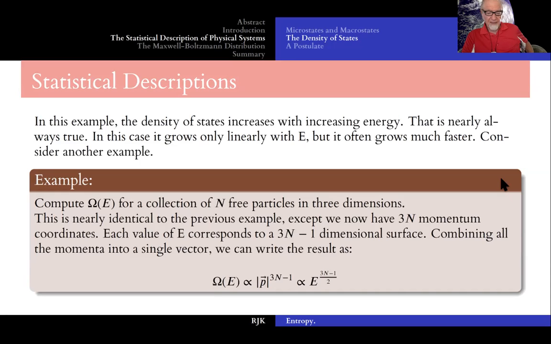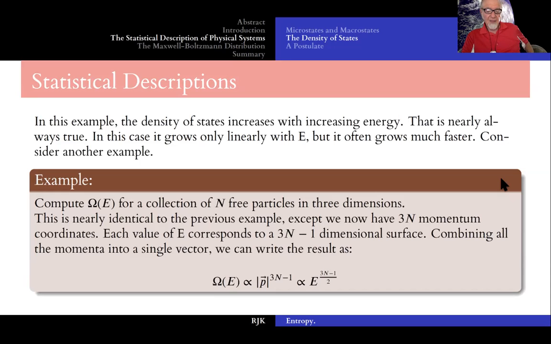Okay, as a different example, we're going to consider a more realistic one where we have n free particles in 3 dimensions. Again, the positions really don't matter, only the momentum, because we have only the density as a function of energy.